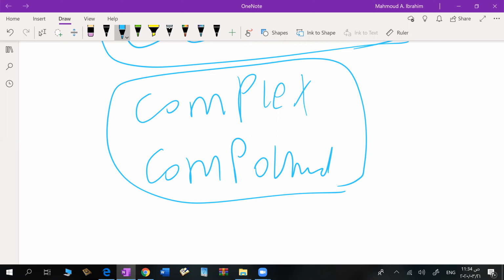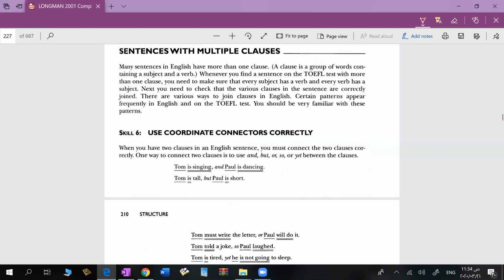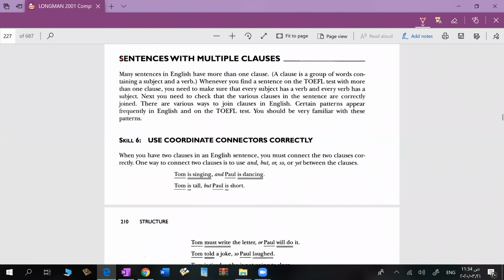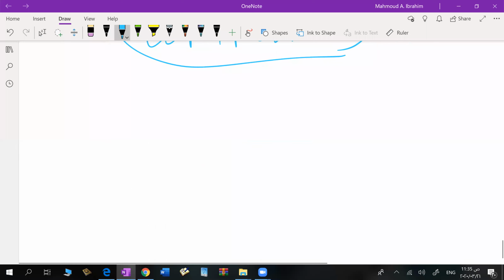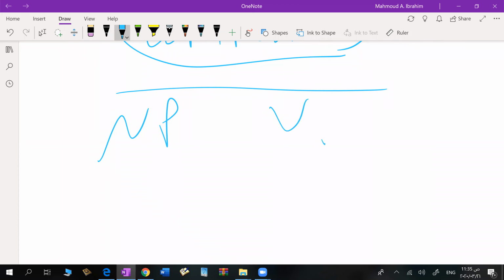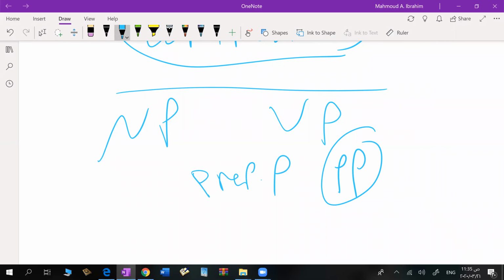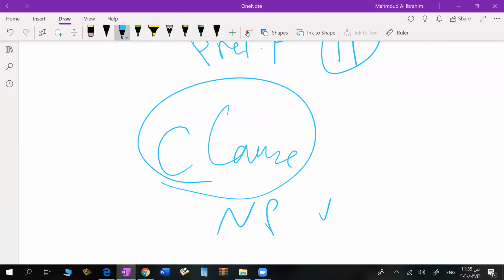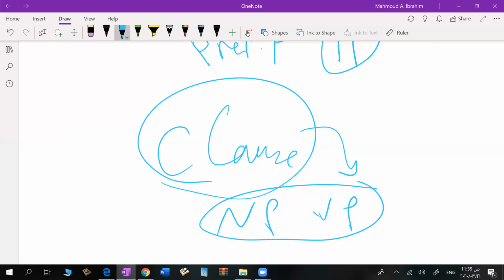Okay, so the whole section is called sentences with multiple clauses. So what's a clause? Before, we talked about the phrase, like noun phrase, verb phrase, prepositional phrase, PP. These are all phrases. A clause must have a noun phrase and a verb phrase.